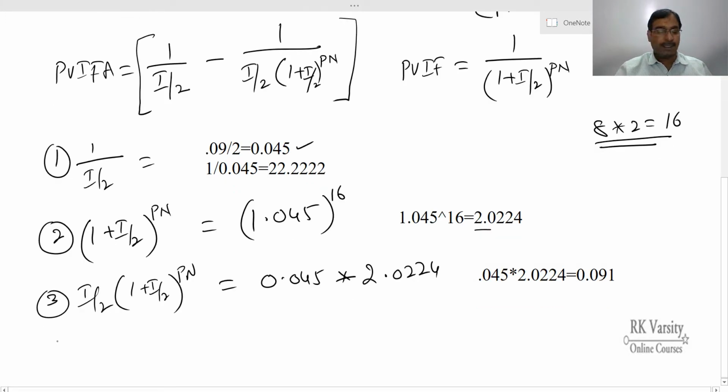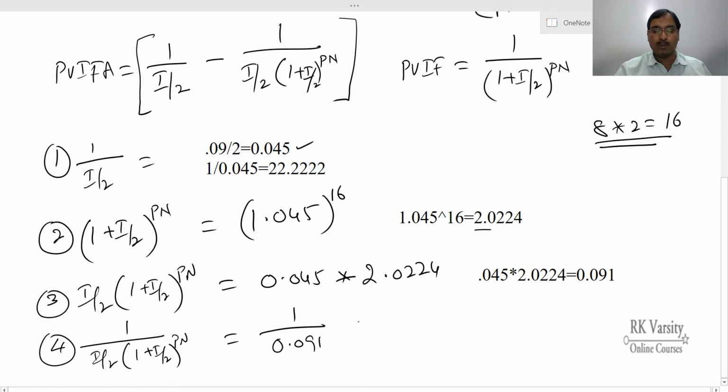Then in step 4 we calculate 1 upon I upon 2 times (1 plus I upon 2) to the power of P into N. So this is 1 upon 0.091, which is 10.989.